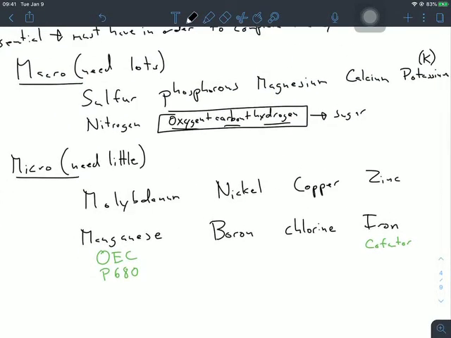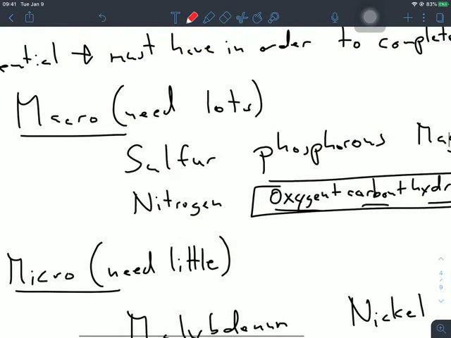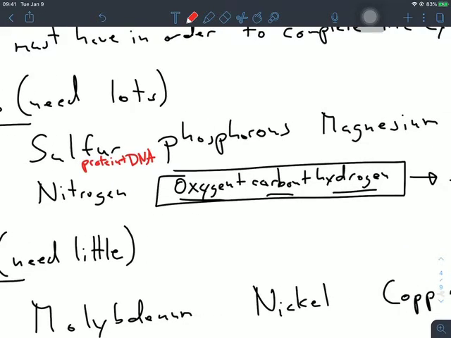Now, in terms of some other nutrients that we'll be talking about in some more detail, for our macronutrients, sulfur is needed both in proteins and DNA. So this is kind of just some other facts about these different macro and micronutrients to help keep track of why they are macro and micro in the first place.